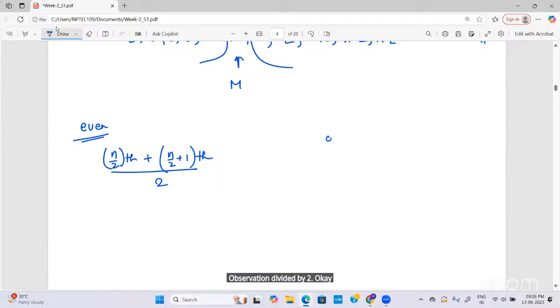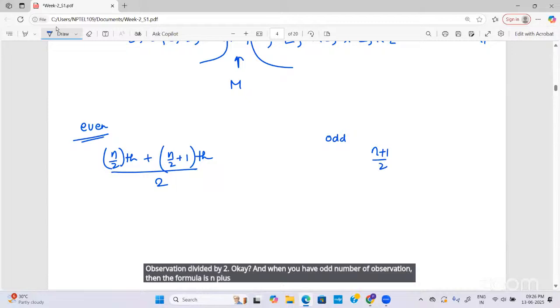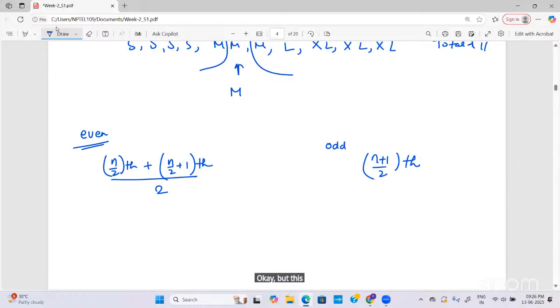When you have an odd number of observations, the formula is the n plus 1 divided by 2th observation. This formula is used for numerical variables, where we find the average.